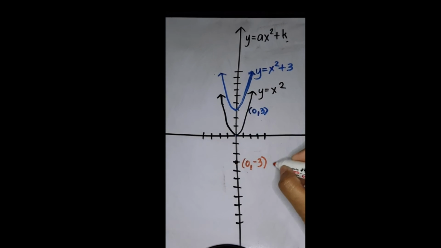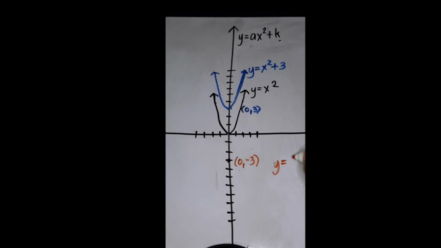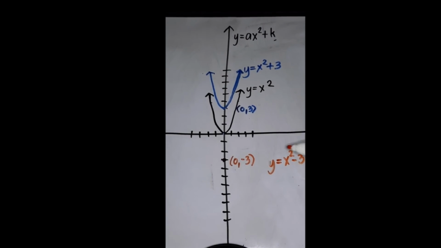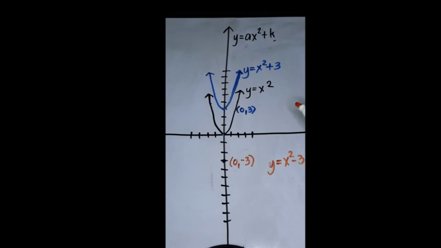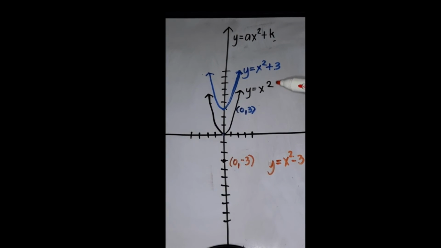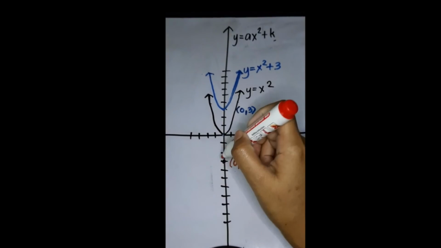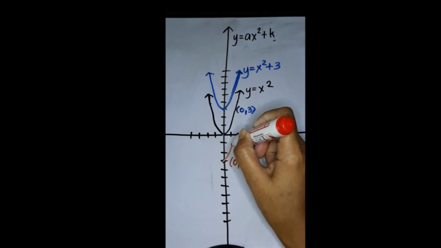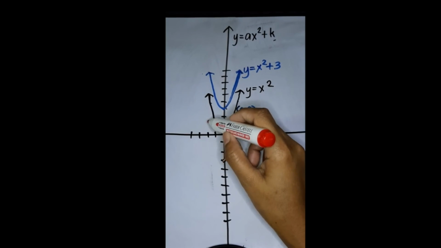So the graph or the equation of our graph will now be y is equal to x squared minus 3. So take note, hindi tayo nagpalit ng a kasi yung graph pa rin natin, ang shift lang natin is y is equal to x squared. So we still have the same a. We just add negative 3 because we shift our graph 3 units downward. Okay?